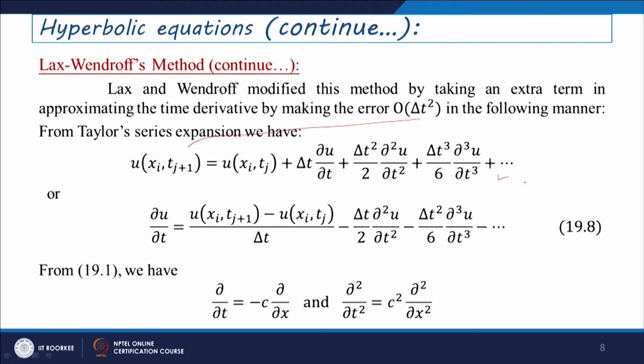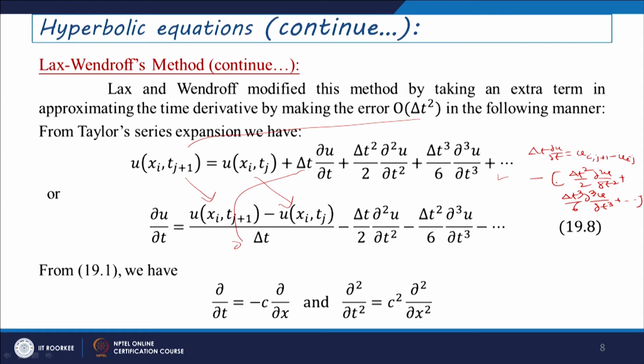That is in the form of del u by del t as u of xi tj plus 1 minus u of xi tj by del t, it has been divided off here. Since directly we can write this as del t del u by del t, this is nothing but u of i j plus 1 minus u i j minus all other terms containing del t square by 2 del square u by del t square plus del t cube by 6 del cube u by del t cube plus all other terms there.